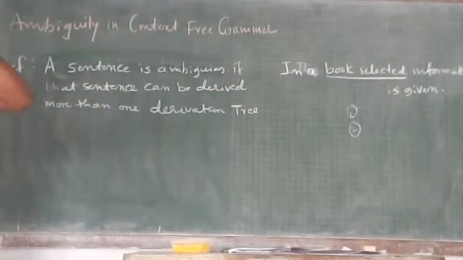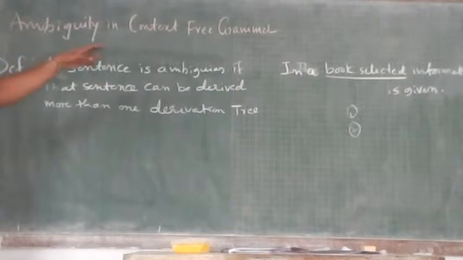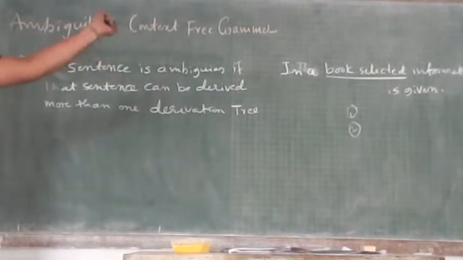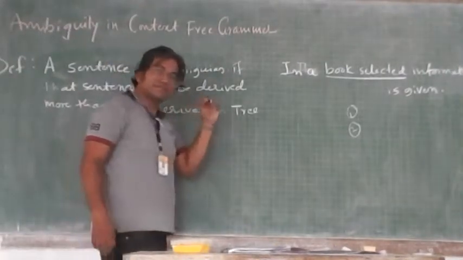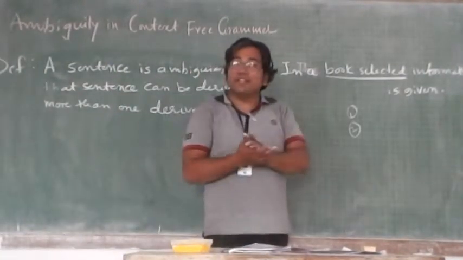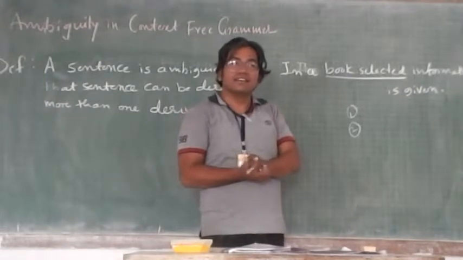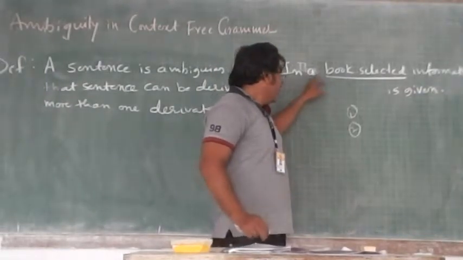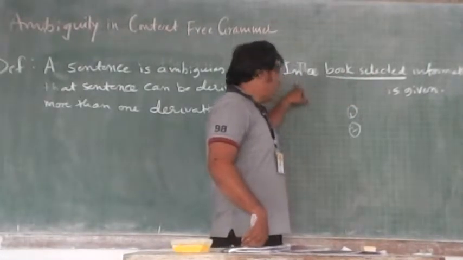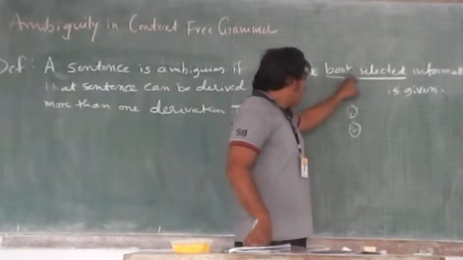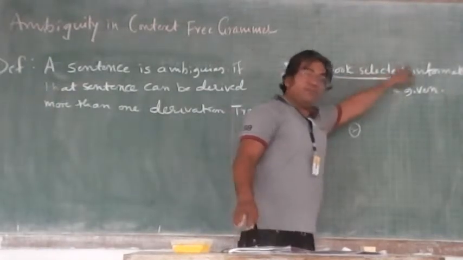Sir, my English is not so good. Is it the answer? No, you know good English, okay. So do you find this sentence is ambiguous? What is the first meaning? If you read this word selected with book, then it means that in a selected book information is given.